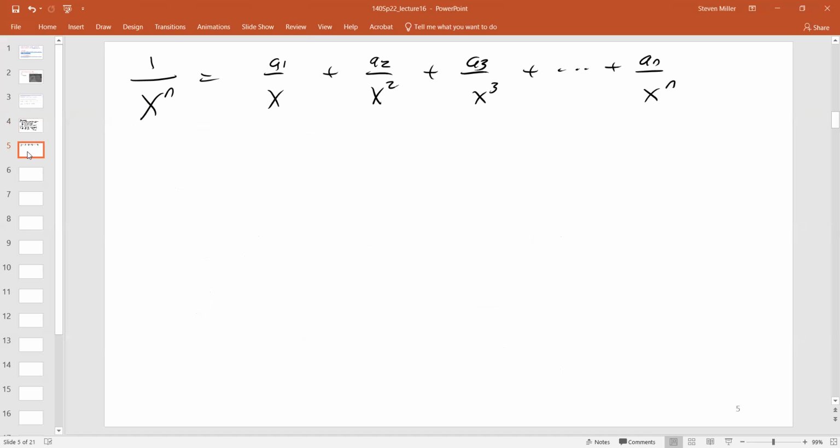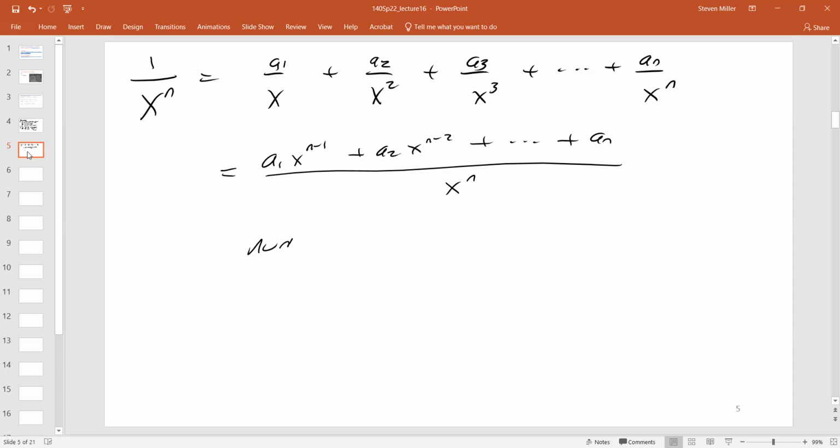This is the simplest possible denominator I could have, is the x every single time. If I combine that, what do I have to multiply the first one by to get a common denominator? x to the n minus 1 over x to the n minus 1. So I'd get a1 x to the n minus 1 plus a2 x to the n minus 2 plus dot dot dot plus an over x to the n.